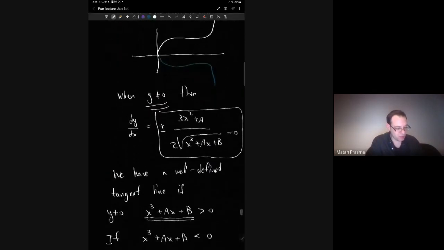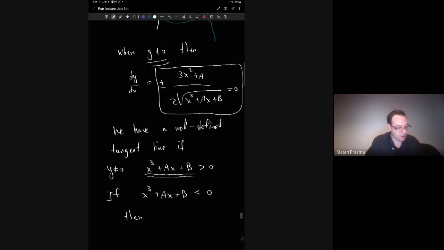So if the expression x cubed plus ax plus b is bigger than 0, then the square root exists, and this expression here in the box is meaningful. I'm dividing by 2 times the square root of something, and this something is non-zero.